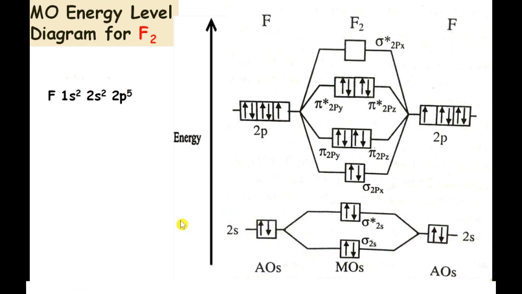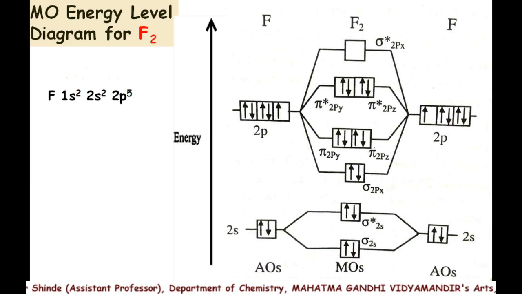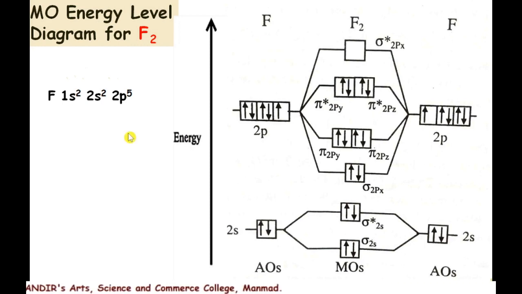While writing the molecular orbital electronic configuration of F2 molecule, for the 1s2 electrons of each fluorine atom, a capital K is written. Capital K stands for the first shell. The remaining 14 electrons, out of 18, occupy the molecular orbitals by following the Aufbau principle and Hund's rule of maximum spin multiplicity.